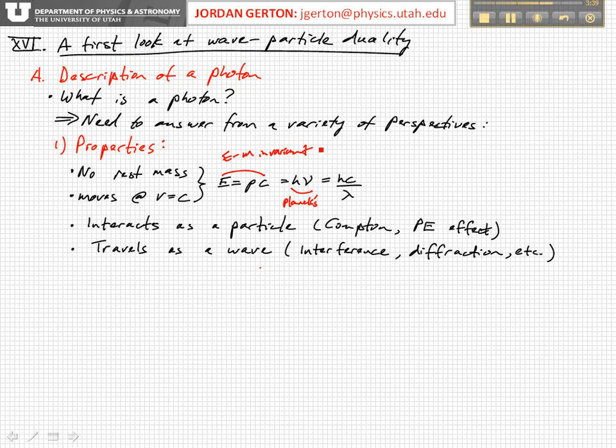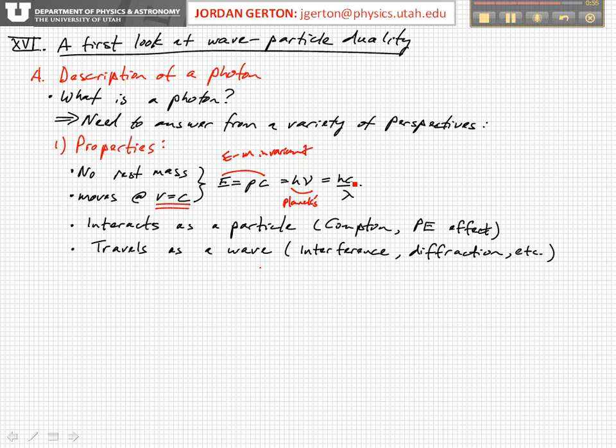We also know that photons move at the speed of light, and so from Planck's hypothesis, with the speed of the wave being the speed of light, c, constant, you get that the energy is also equal to Planck's constant times the speed of light divided by the wavelength. And so those are some basic properties.